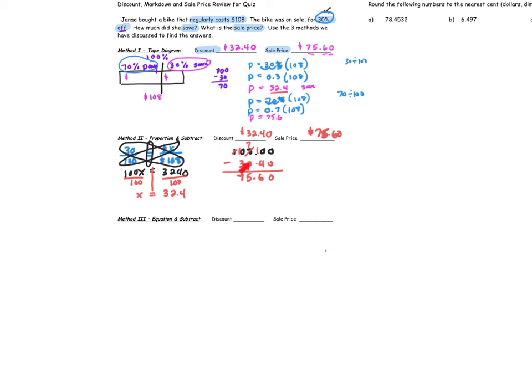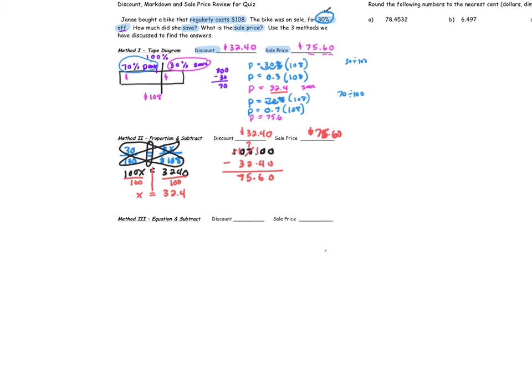But then we also have to go one step further, only if they ask, what is the sale price? In this case, this question asks both of these questions. But sometimes they might just ask what you save, and then you would stop here, or what you're paying, the sale price, okay? The nice thing about the tape diagram is it shows you both, but you have to figure out which one you need if they only ask you one question.